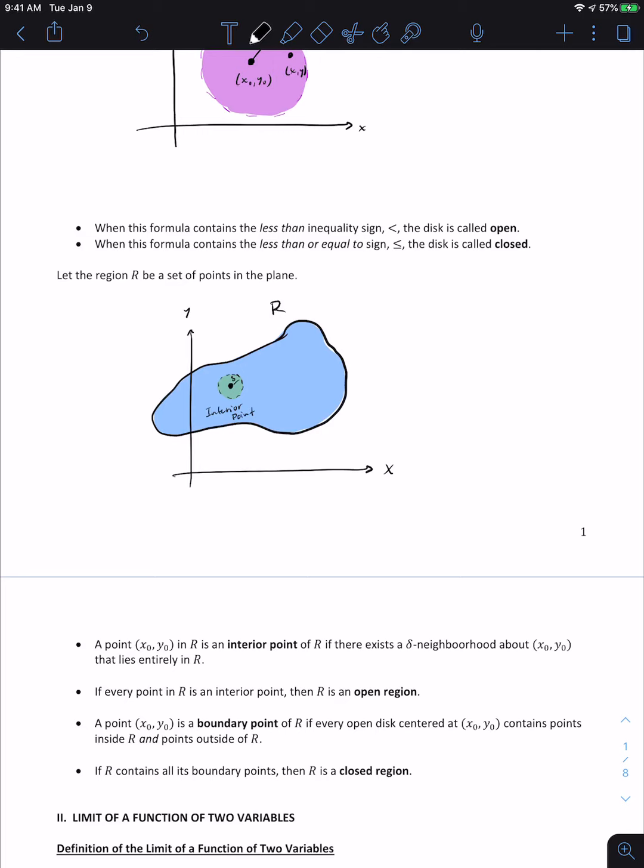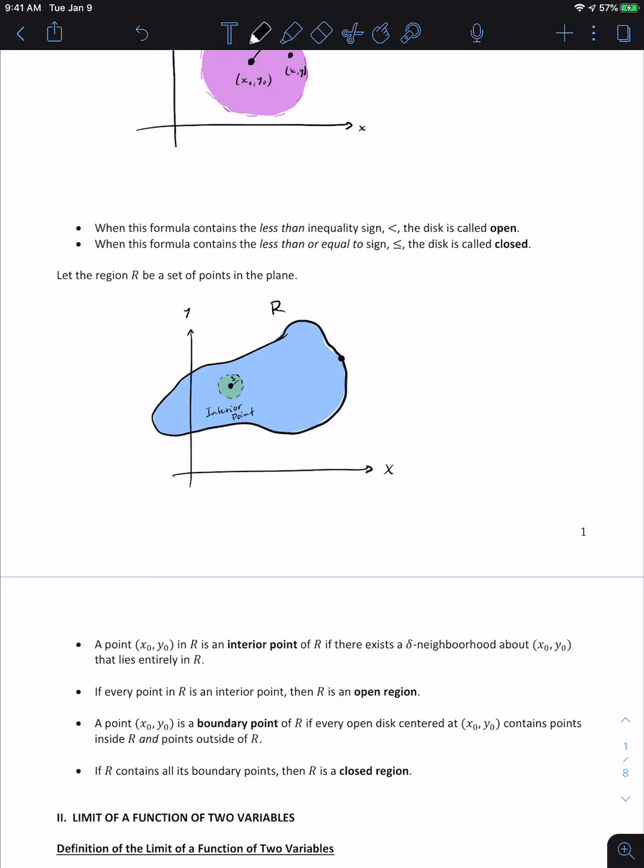If every point inside the region is an interior point, then R is an open region. So if the outside of this region were dotted instead of solid, it would be considered an open region. A point (x naught, y naught) is a boundary point if every open disk centered at that point contains points inside the region and points outside of the region.